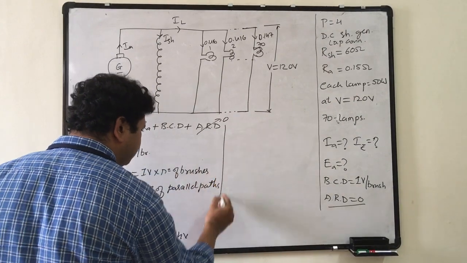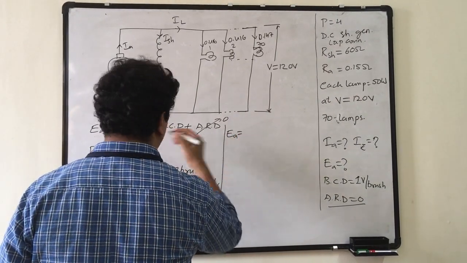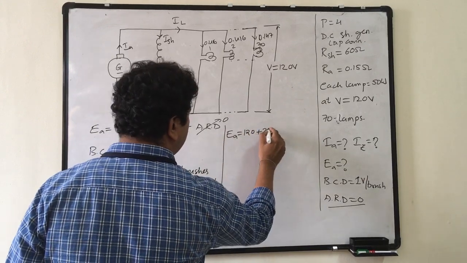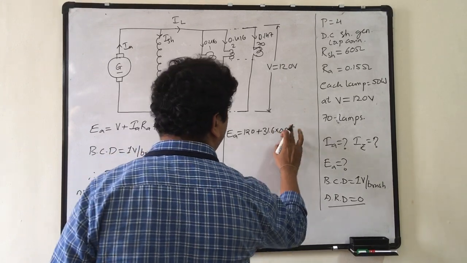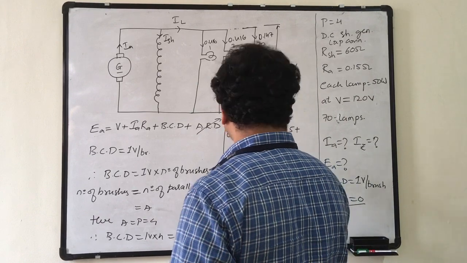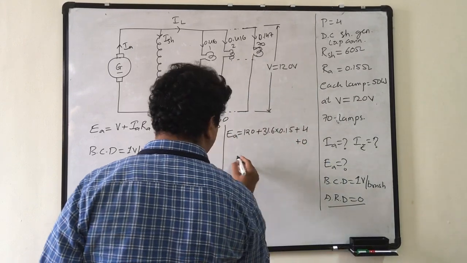Substitute that here. Now it is EA is equals to V, 120, plus IRA, 31.6 into 0.15, plus brush contact drop is 4 plus 0. Armature reaction drop is 0.